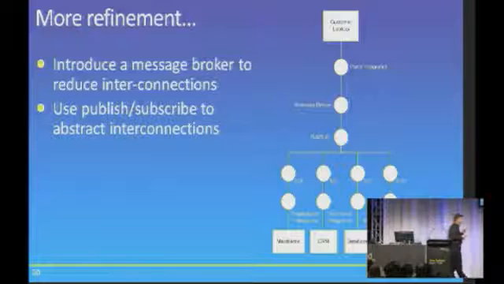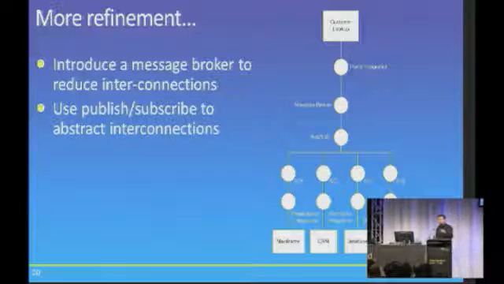In fact, I did one over in Australia where we connected to the mainframe using MQ series, which then connected to an MQ series CICS bridge, and that was still implemented as a service with a service-oriented interface on the front of that.